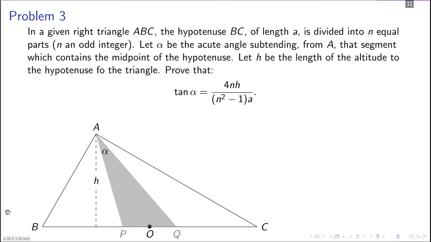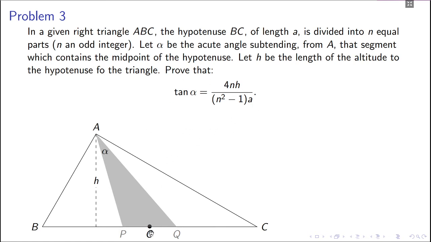Base times height will give you twice the area. So we try to calculate the area of this triangle in two different ways, and that's where we will end up with this relation.